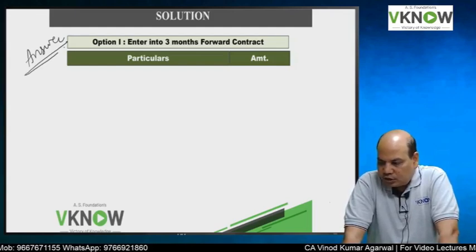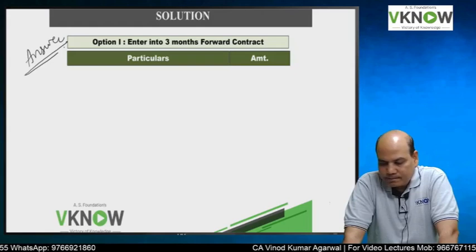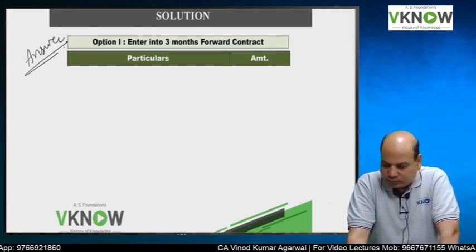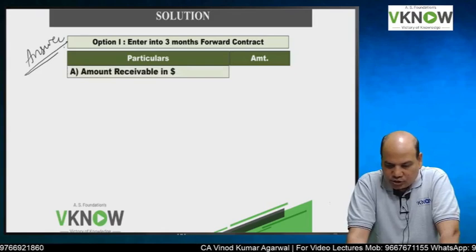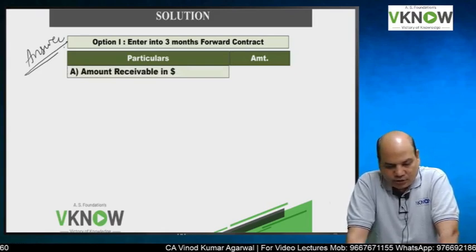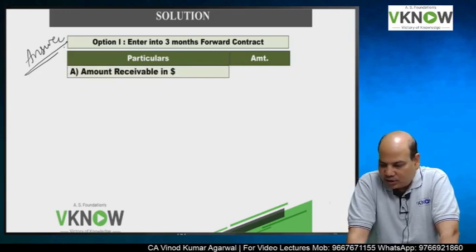Option 1 is enter into a 3-month forward contract. I am waiting for this question to be asked again in the exam because it is repeated in several RTP, MTP, old syllabus, new syllabus.